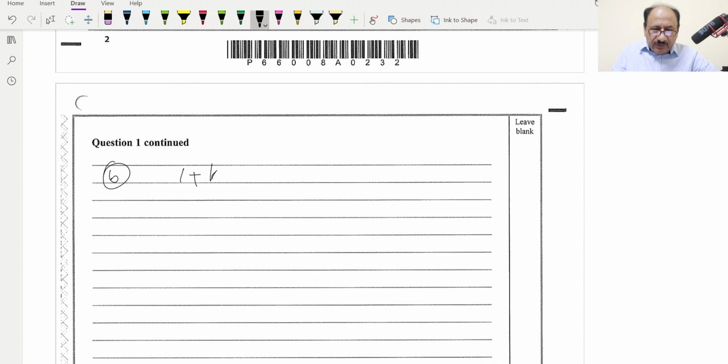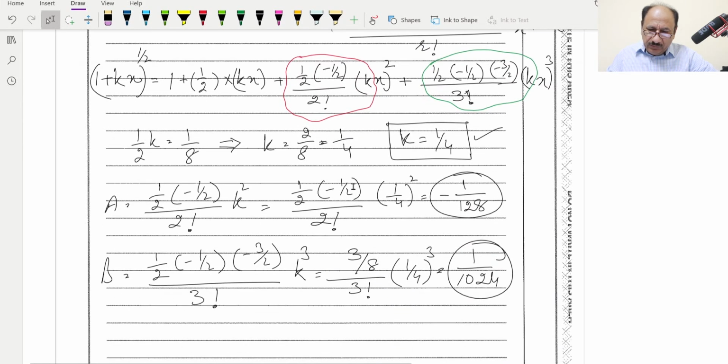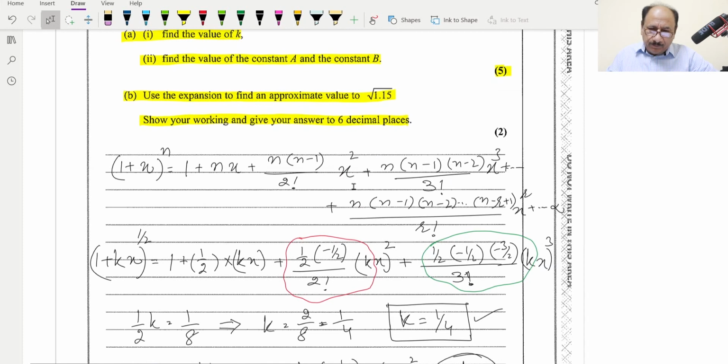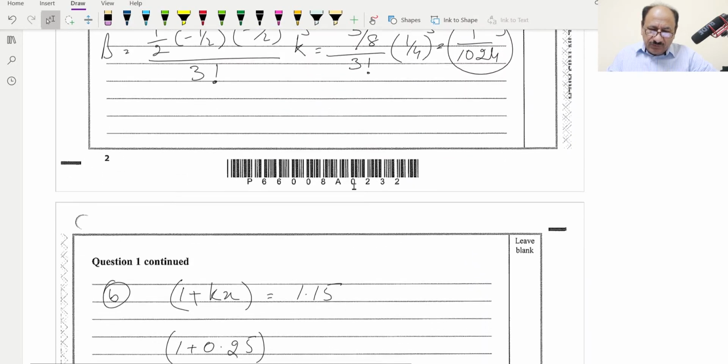So 1 plus kx, in this case we can take equal to 1.15, and if we split this one, 1.15, we can rewrite in this format, 1 plus kx format, 1 plus 0.25. 1 plus kx, and k value is 1 by 4.